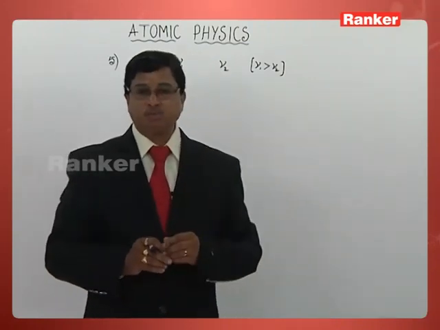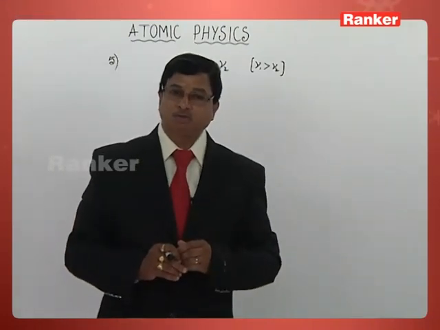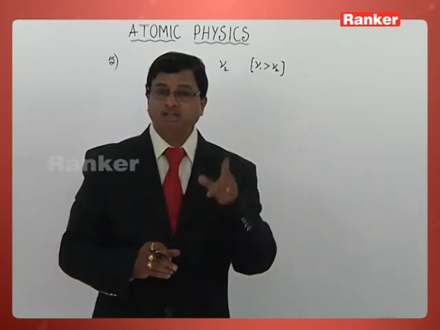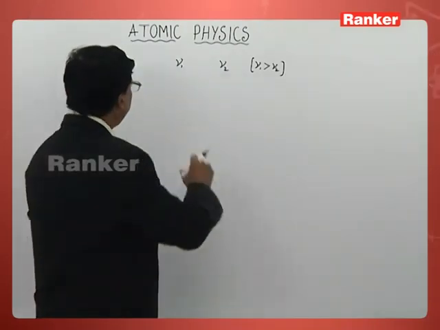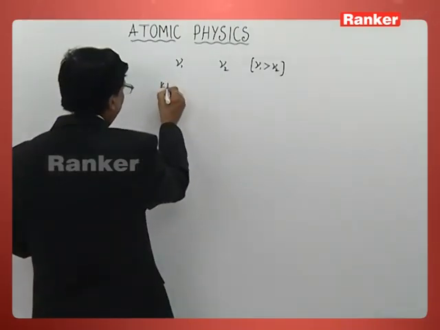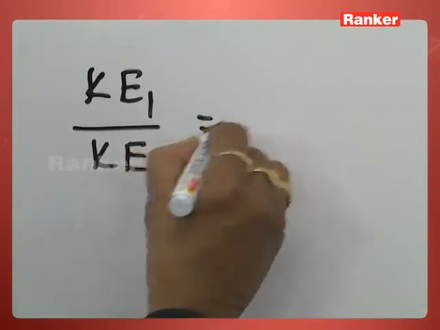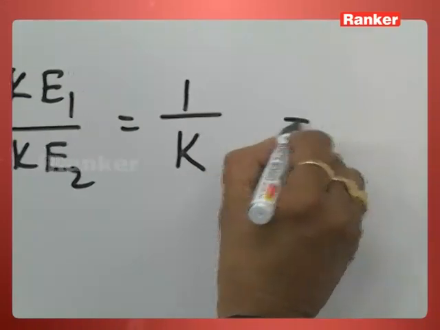Now come to the next one, please. If the maximum values of kinetic energies of photoelectrons emitted in the two cases are in the ratio 1:k, I can directly write this way, Ke1 by Ke2 is 1/k. So what can we write now from this?